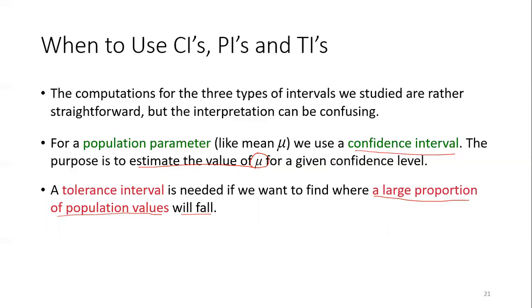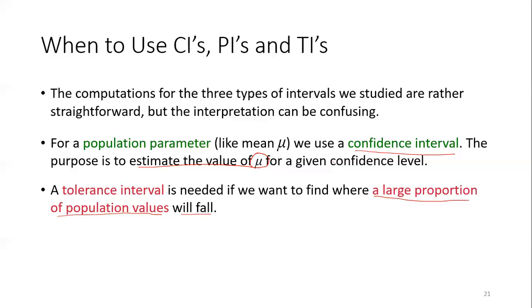Assume you are producing some items for another firm, and they have tolerance limits and say that if you are above or below these limits, they won't buy your items. So you are very curious about your production: where will a large portion of the population lie?